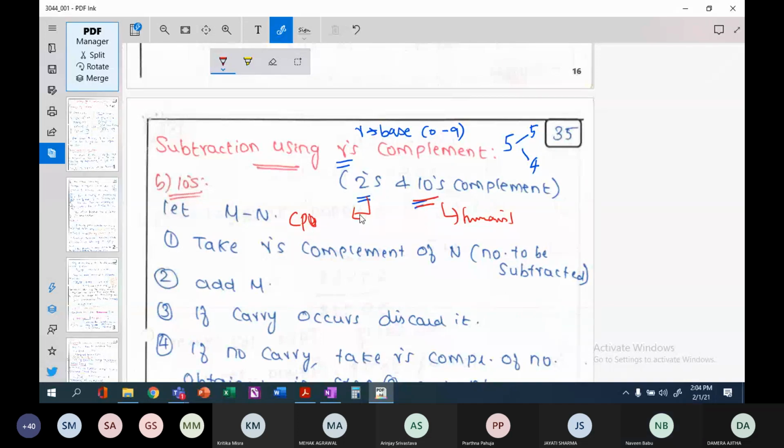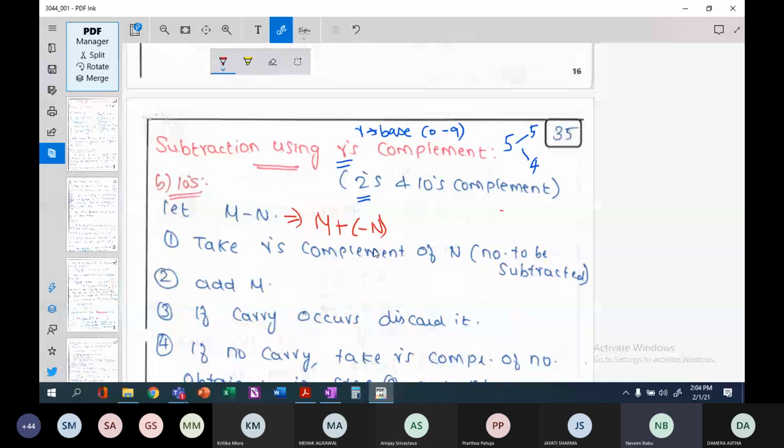So to start with, how do you perform a subtraction using R's complement? Say, for example, you want to do m minus n as a subtraction, where m and n are two different numbers. First, you need to perform this subtraction using complement form. So you are going to perform this as m plus minus n.